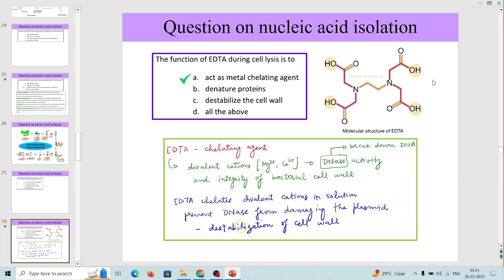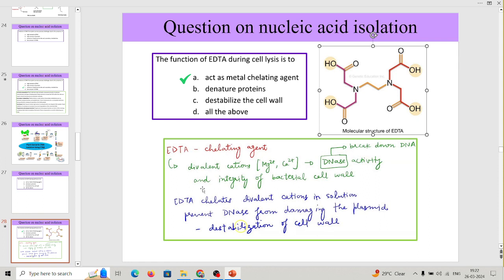This is the structure of your EDTA, and using all of these groups, it is going to chelate the metal ions. See, divalent cations such as Mg2+ and Ca2+ are required for DNase activity to break down DNA, right?